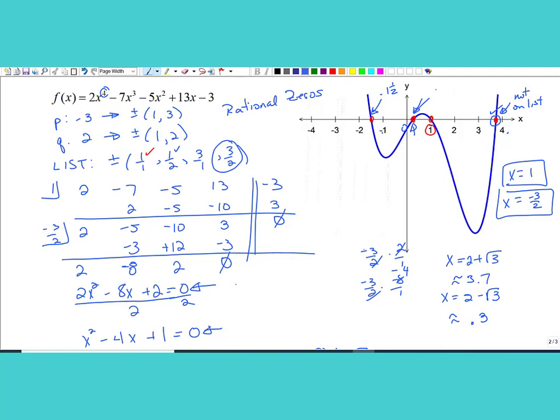So using the combination of the rational root theorem, which gives me the list, and the graph, I can use synthetic division to get some of the rational zeros, and then I can reduce the equation down to a quadratic that if it doesn't factor, I can now use the quadratic formula to get the other zeros, which happen to be irrational.